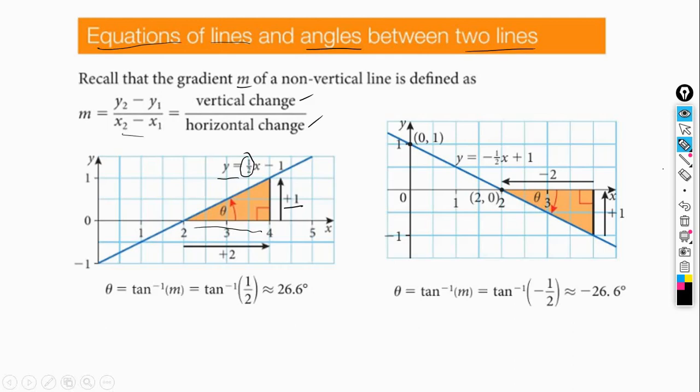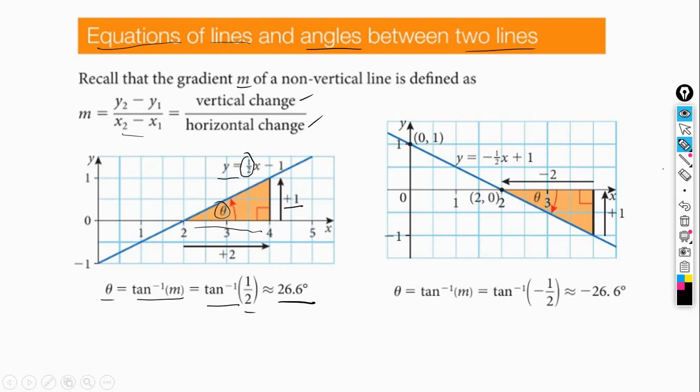And then from this, we can draw a right-angled triangle with an angle theta. Now this is the case of finding the angle between the line and the x-axis. So for this, we can use the tangent function. Theta is then equal to the inverse tangent of m. For this particular case, the inverse tangent of 1/2, which is approximately 26.6 degrees.